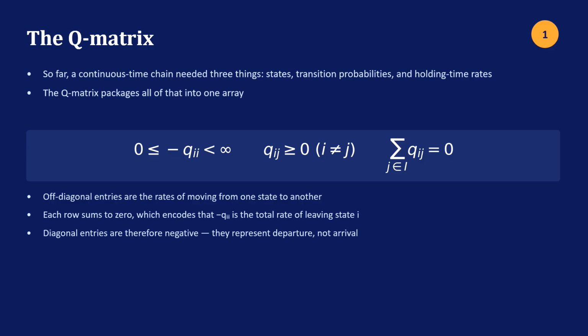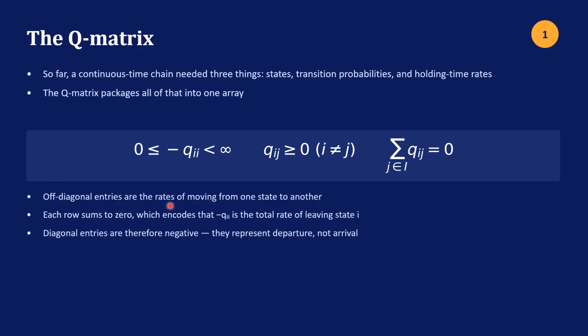So far, a continuous time Markov chain needed three things: the states, the transition probabilities, and the holding times, the lambda. The Q matrix packages all of that into one array. And this is the definition here.